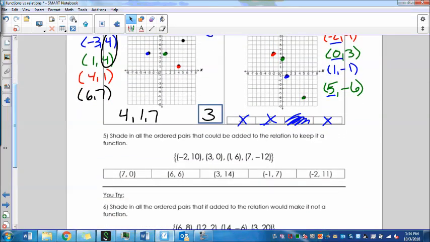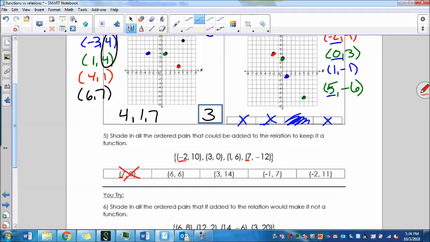Our last question from the we try. Shade in all the ordered pairs that can be added to the relation to keep it a function. So remember, to keep it a function, we want our x's not to repeat. So if we add 7, 0, we would have 2 7s, so we can't add that one, because then it would not be a function.